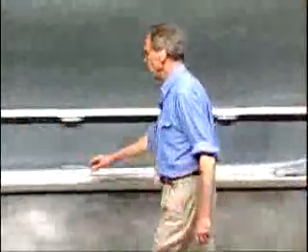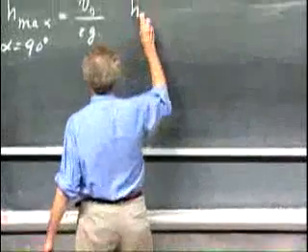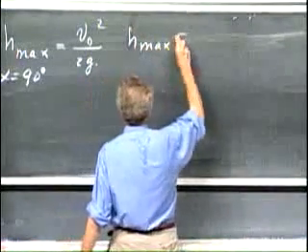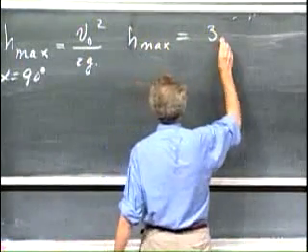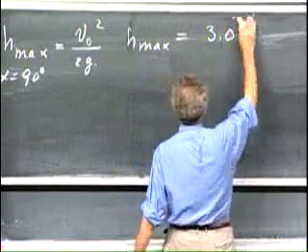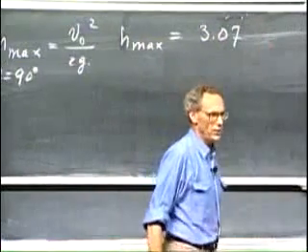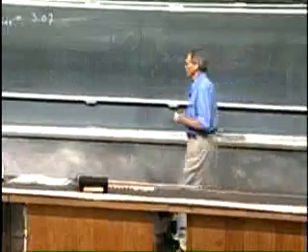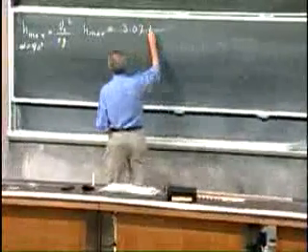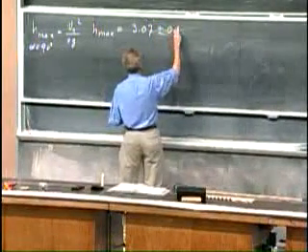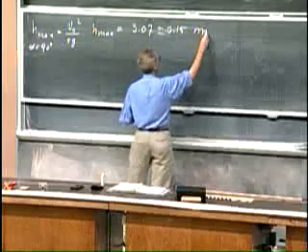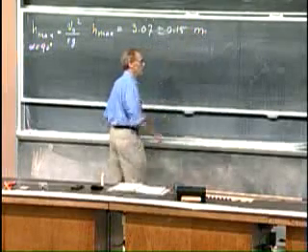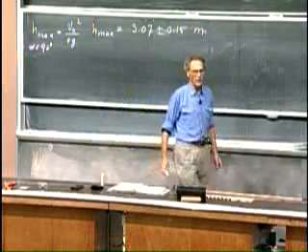So H max is about 3.07. I have done this this morning 20 times. And there were times that the height differed by more than 10 centimeters. Sometimes even 15 centimeters. I therefore would feel most comfortable if you allow me an uncertainty of 15 centimeters in that height.